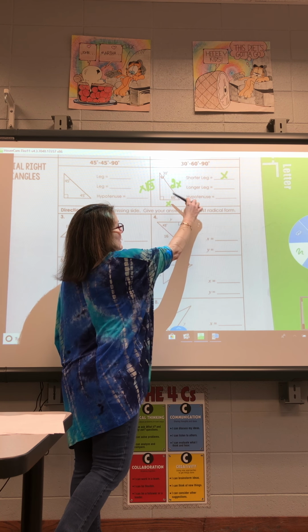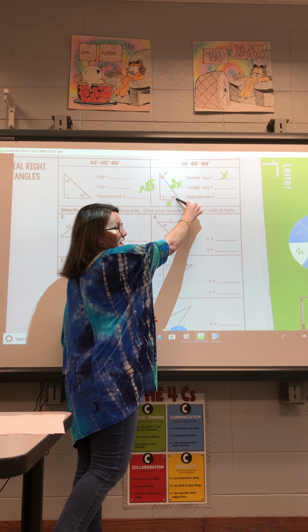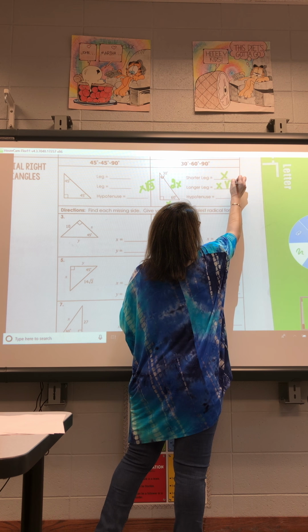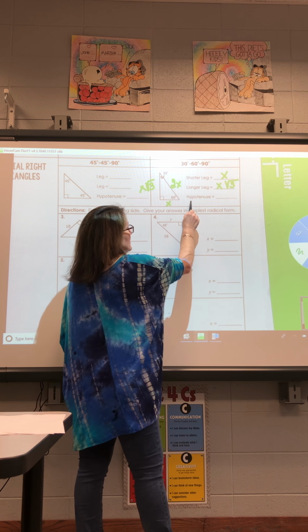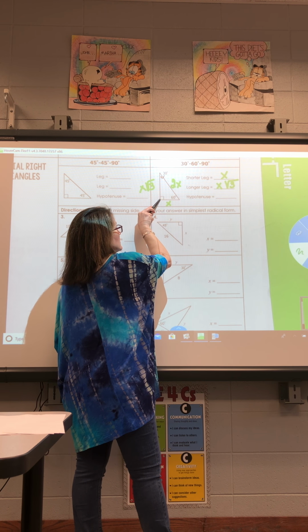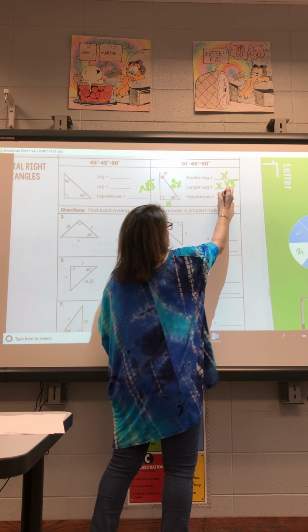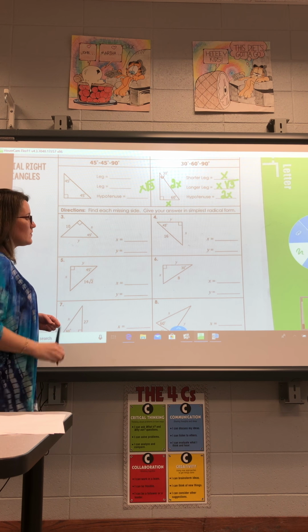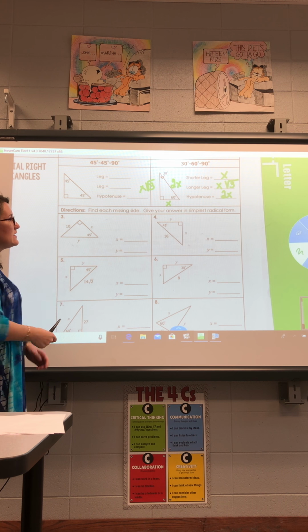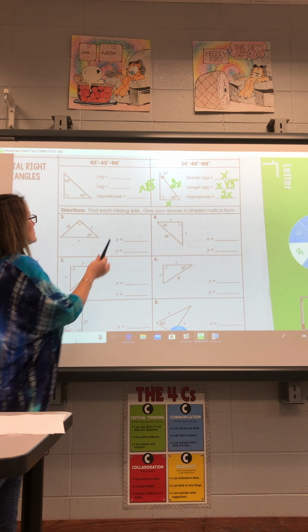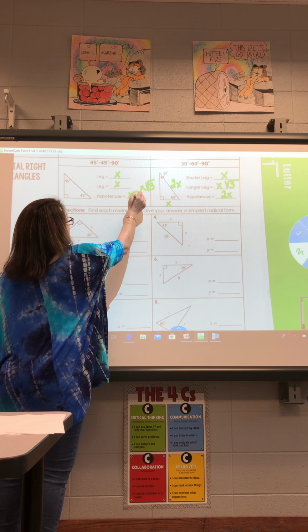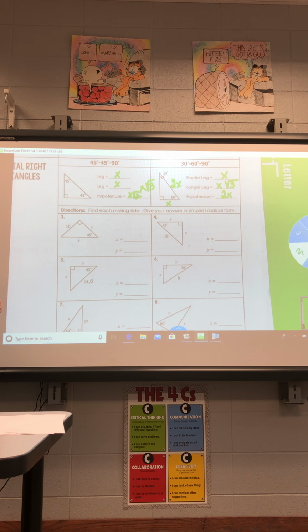Our longer leg across from the middle angle value, which is 60 degrees, is going to be x times the square root of 3. And then our hypotenuse, which is directly across from the right angle, is going to equal 2x. Okay? So with that being said, let's look at these values. And let's work some of these problems out.